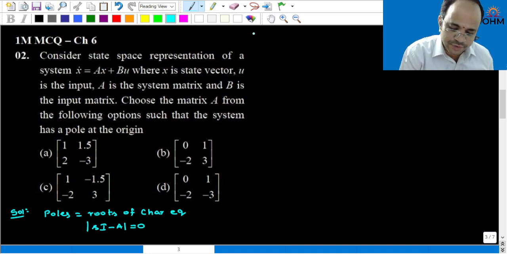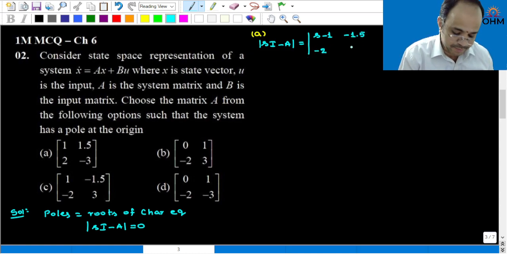Okay. Now, suppose for option A, if I check the determinant of sI minus A, you will get s minus 1, minus 1.5, I hope you can follow this 2 by 2 matrix, minus 2 and s plus 3, is equal to 0.